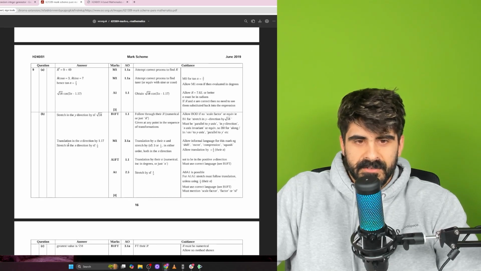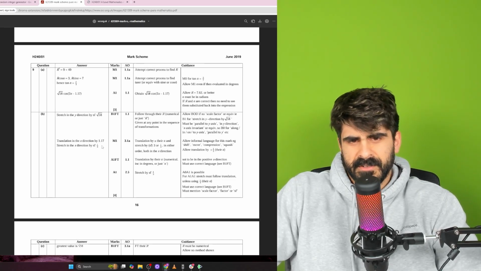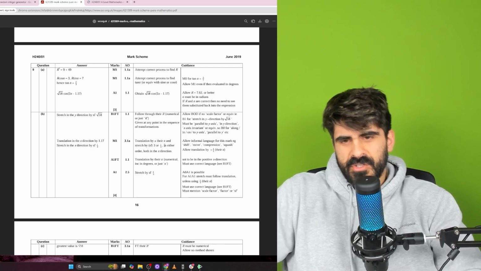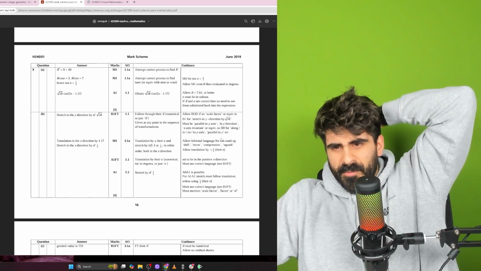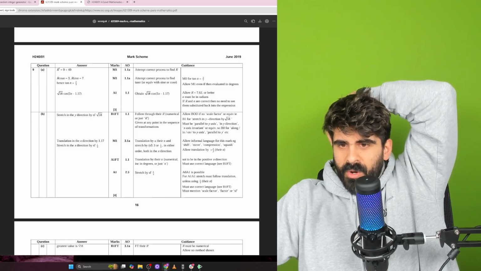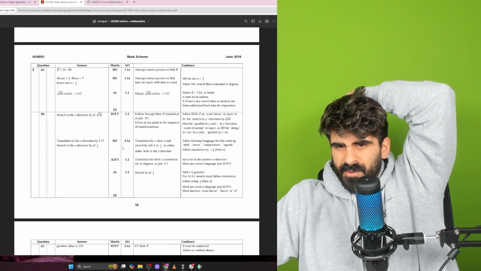Stretch that. Translation in the x direction 1.17. Wait, they then did the stretch. Allow informal language for this: shift, move, squash, translation. What? Yeah, 1/3. Wait. Translation? What? Translation plus 1, they're alpha.